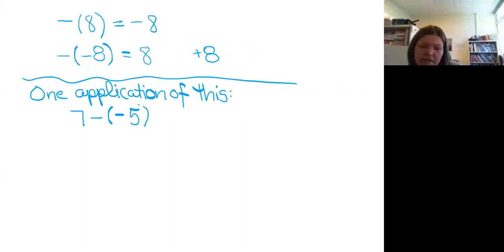Have you seen anything like that, where we have a number minus a negative number? Yeah, and students just do not know what to do. But again, if you just read that sign like opposite, it won't stress you out.